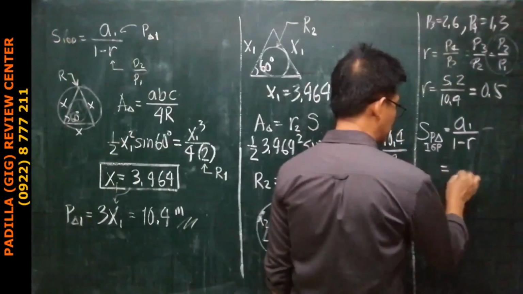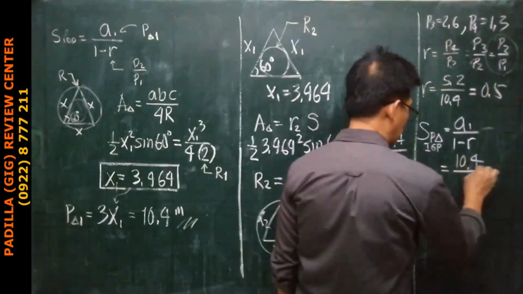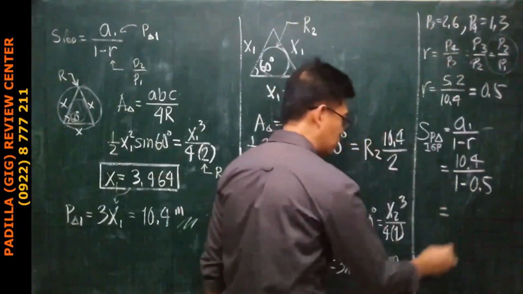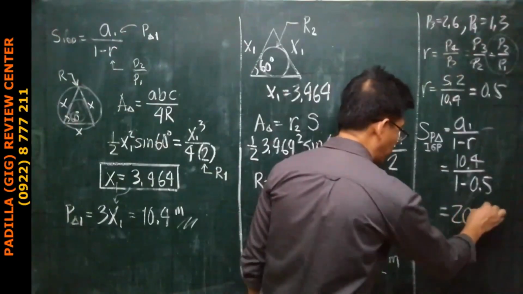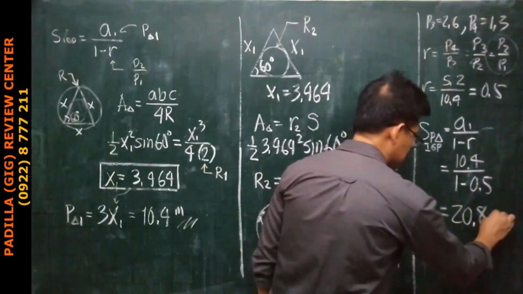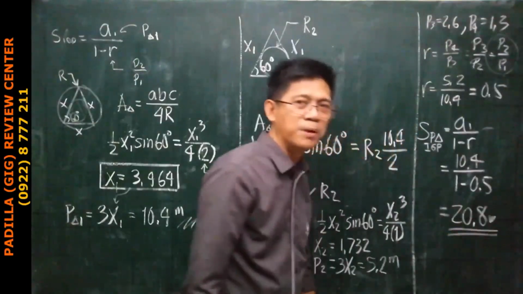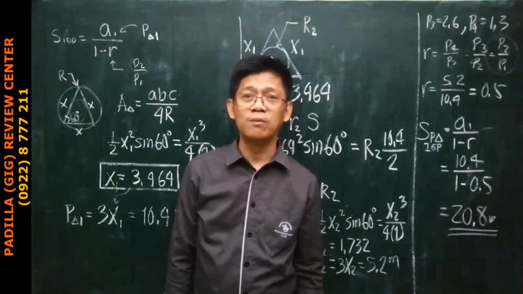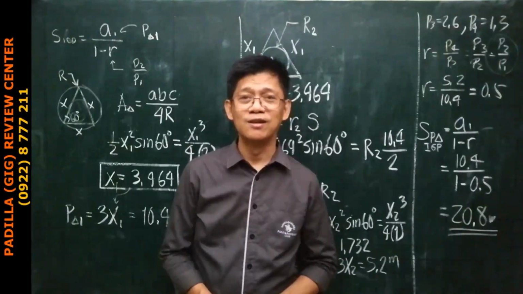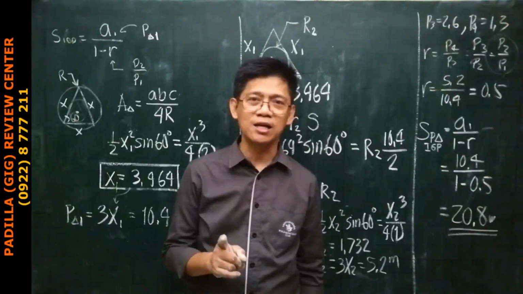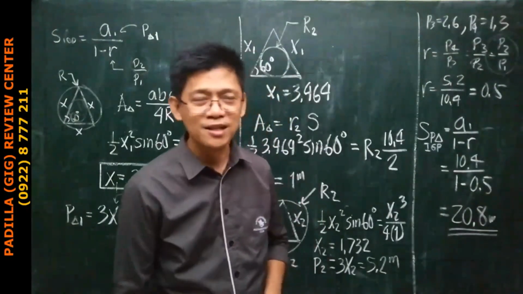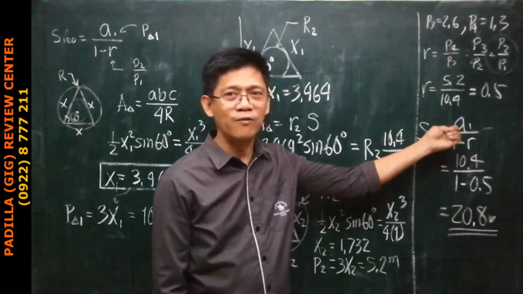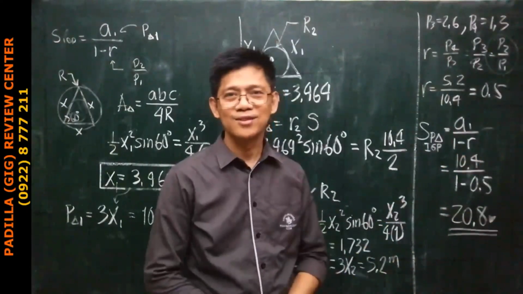It is equal to 10.4 over 1 minus 0.5. You compute this and you'll get 20.8 meters. This is the sum of the perimeters of all triangles formed, including the original triangle. So, when the terms to be added are infinite, don't forget the word infinite, or forever: a1 over 1 minus r. Got it?